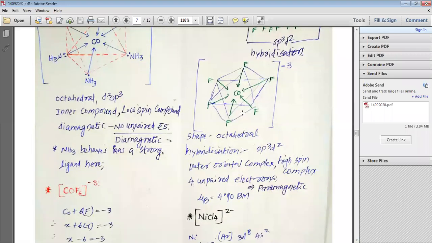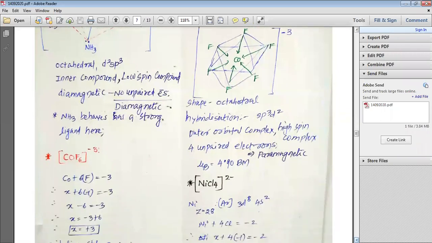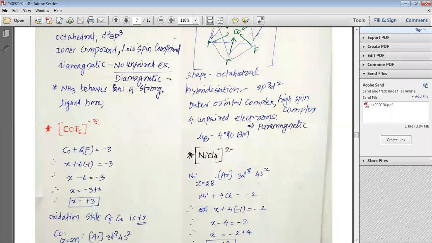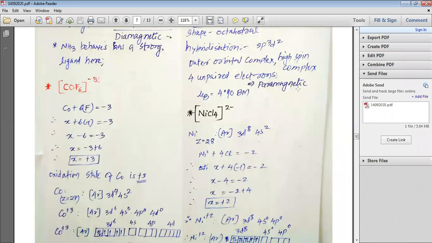This CoF6 becomes octahedral. As it is sp3d2 hybridization, we call it the outer complex, and it is a high spin complex because there are four unpaired electrons present in it. That is why it is also paramagnetic, and its magnetic moment would be 4.9 Bohr magneton.